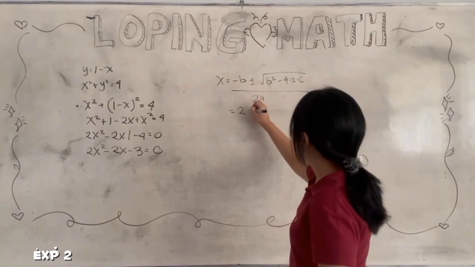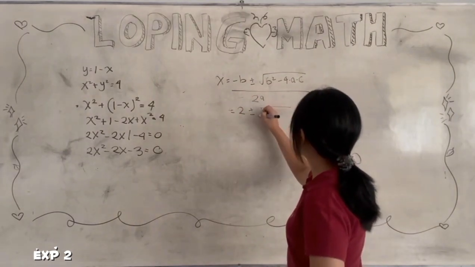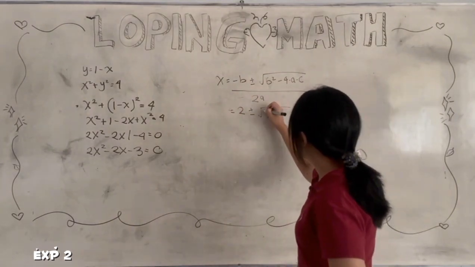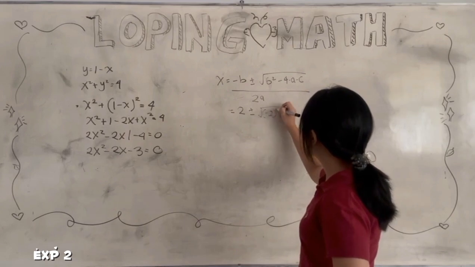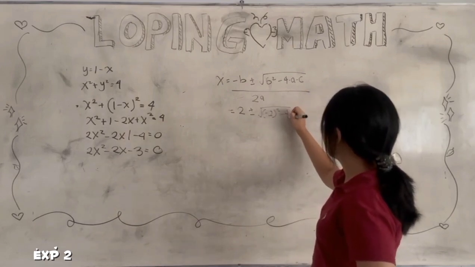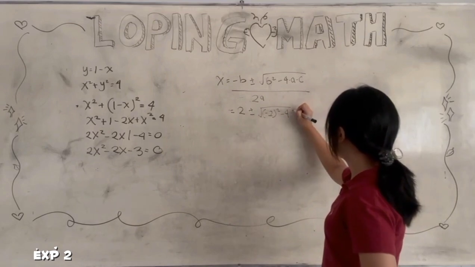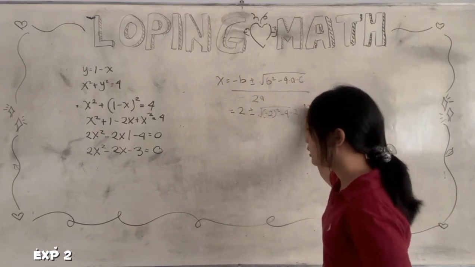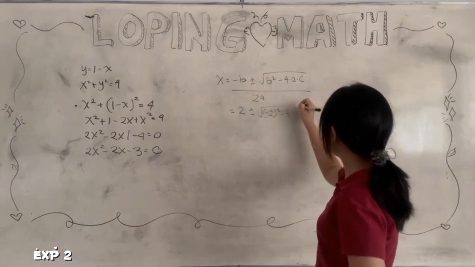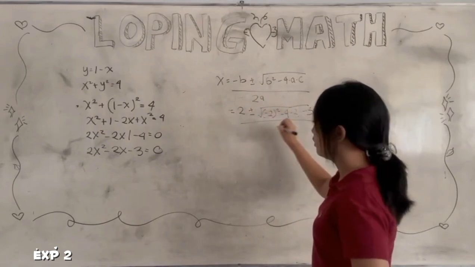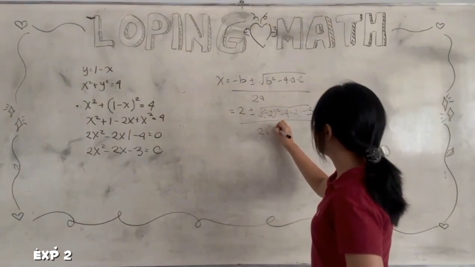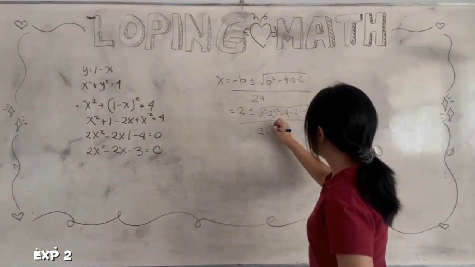Positive 2 plus or minus the square root of minus 2 squared minus 4 times, we've got 2 as a here, and the c is minus 3, over 2 times 2 as a.